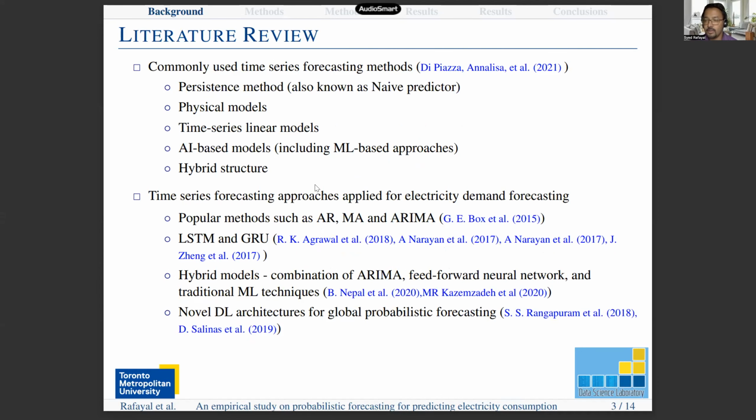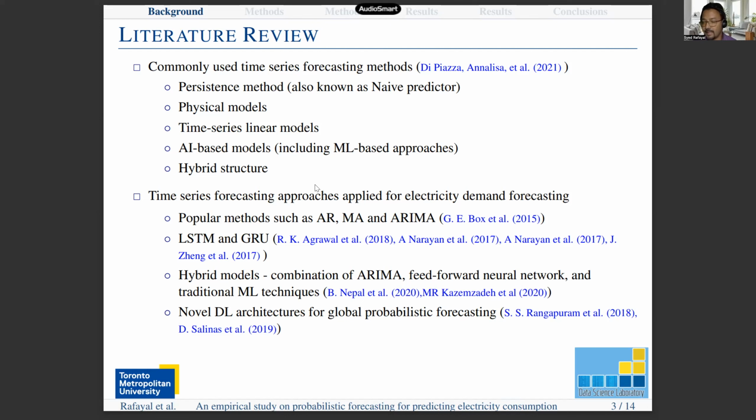After reviewing the most related and recent studies, it is noted that the most common time series method categories are the persistence method, which is known as the naive predictor, physical models, time series linear models, AI-based models, which include the ML-based approaches, and hybrid models.